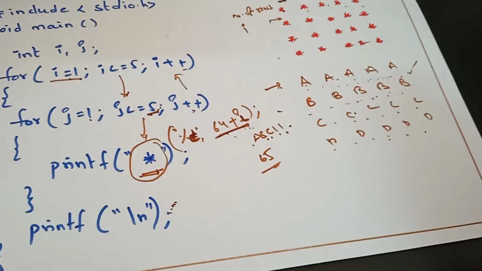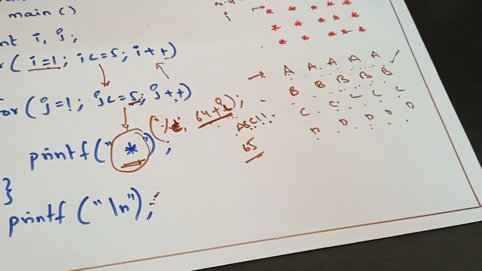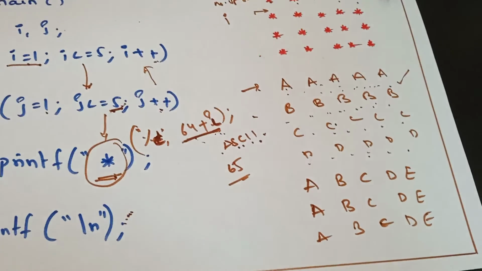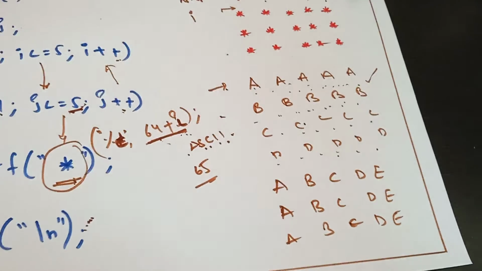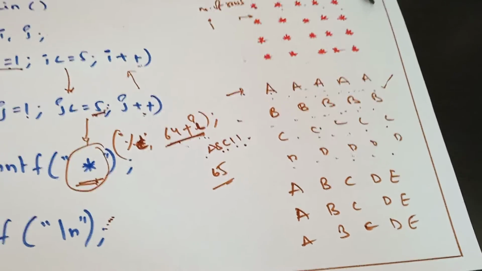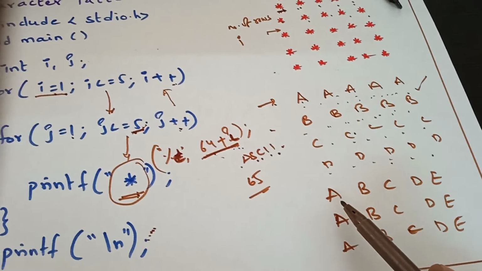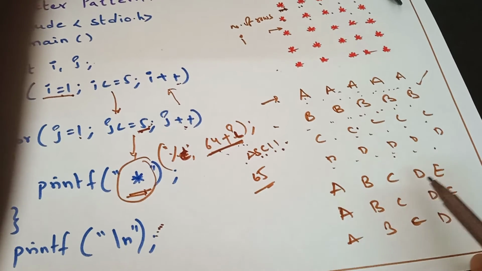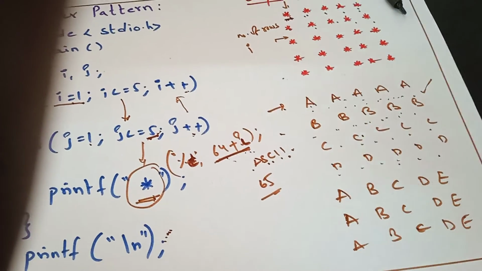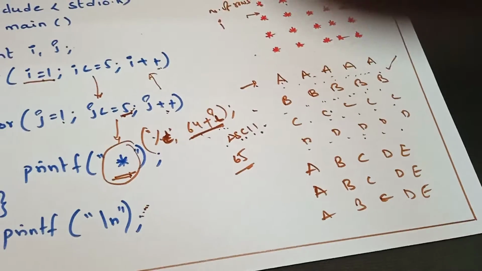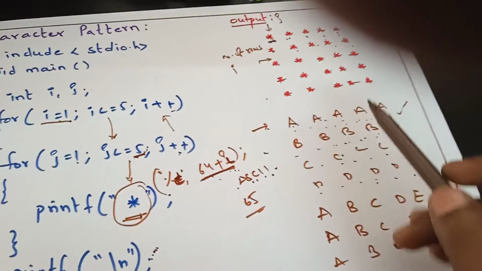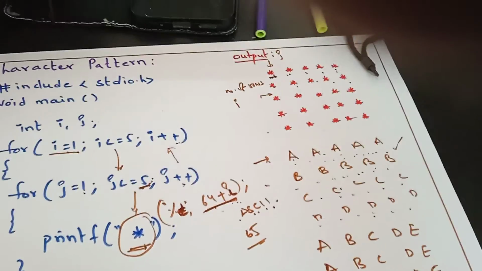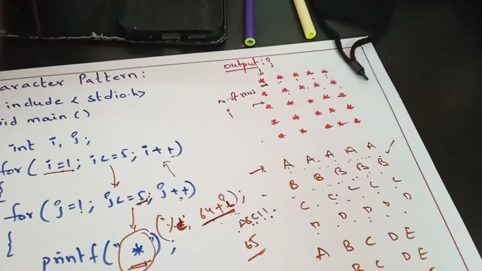If I wanted to display another pattern, right? If I wanted to display this pattern, what changes have occurred? Each row will be printing A, B, C, D, E. So here, if you can see, in the previous pattern each row was printing all A values, which is proportional to only the number of rows.